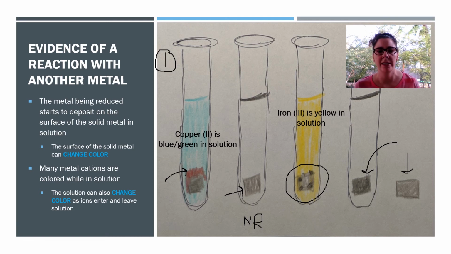If copper is leaving solution and being deposited, we should see that teal color becoming much lighter over time. If copper is going into solution, we should see the solution becoming more teal over time. The same is true with iron. Iron 3 is yellow, so we can see a solution becoming more yellow or less yellow as an indication that a reaction is happening as well.